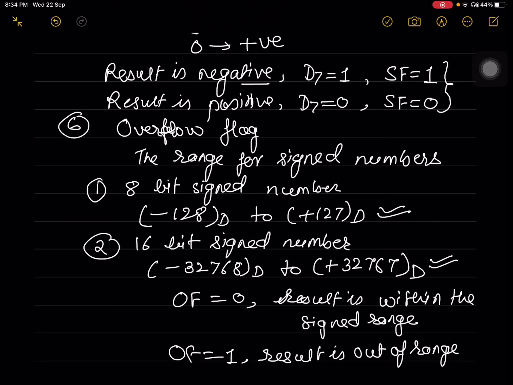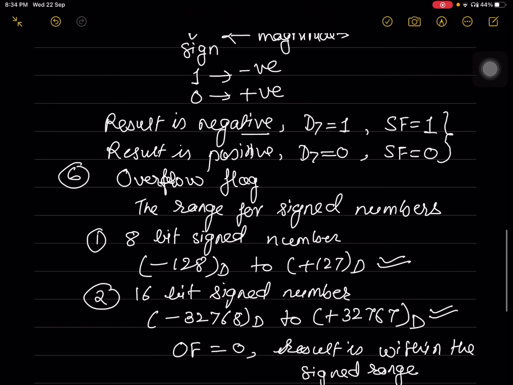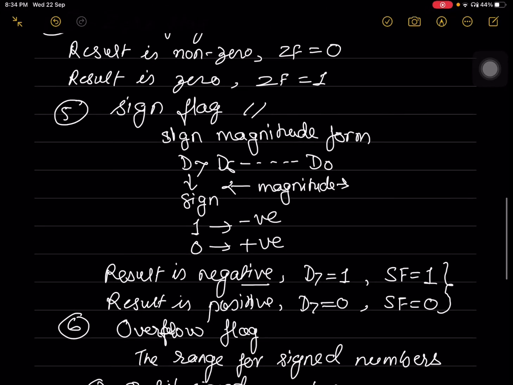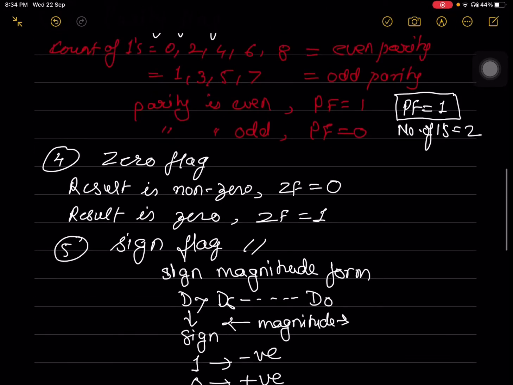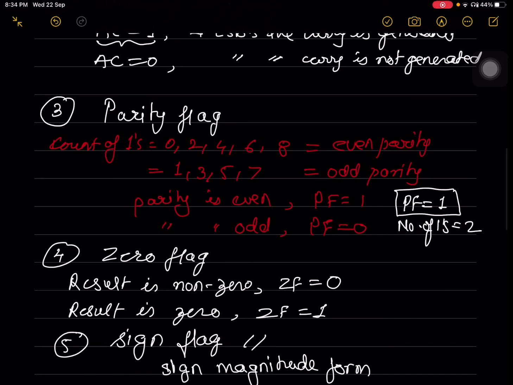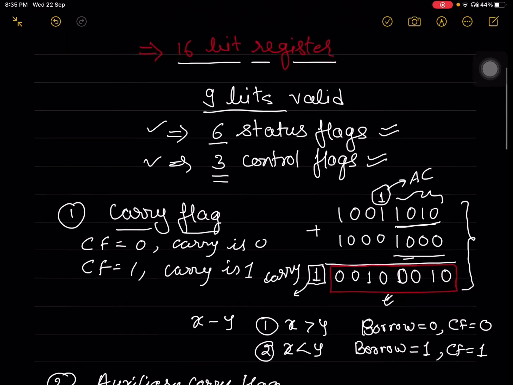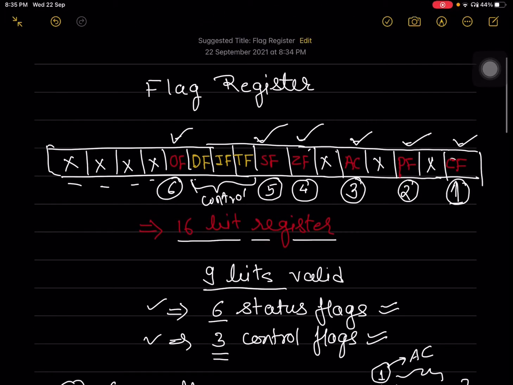So likewise, the overflow flag and sign flag are normally used whenever processor is performing signed operation, and rest of the status flags are used for all other operations, maybe signed numbers or maybe unsigned numbers. So whatever flags we discussed till now, the 6 flags, they are all status flags.